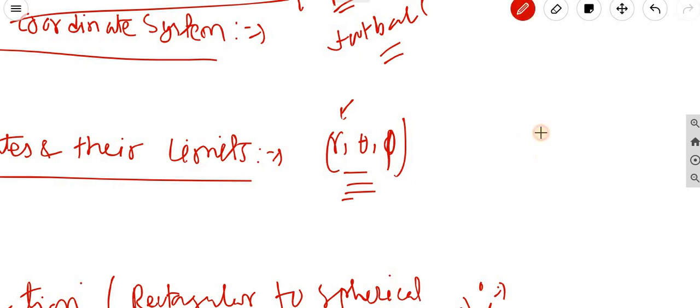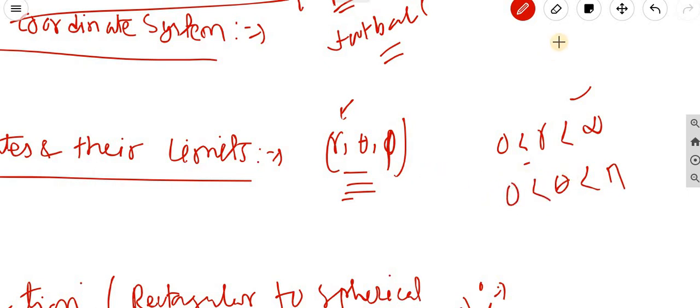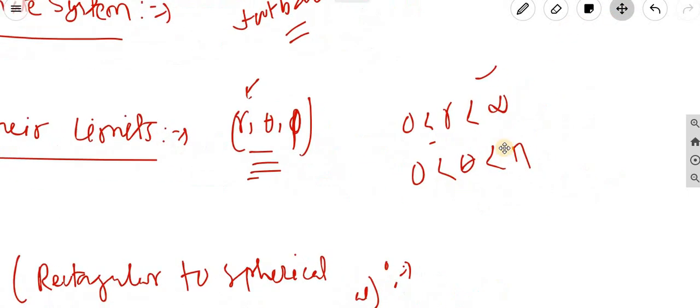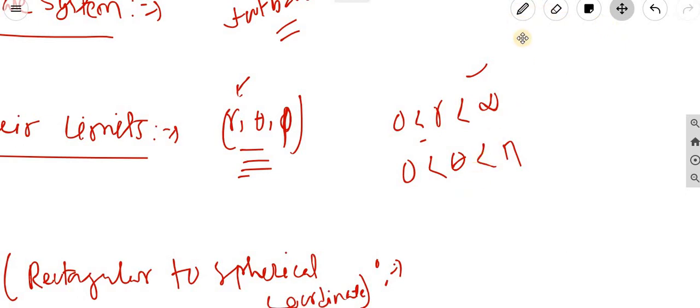So r is nothing but 0 to infinity, and theta is 0 to pi, and phi is the same as in the cylindrical system.